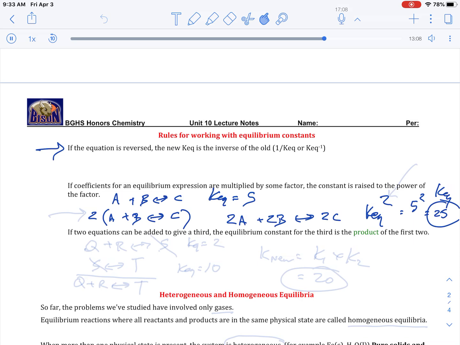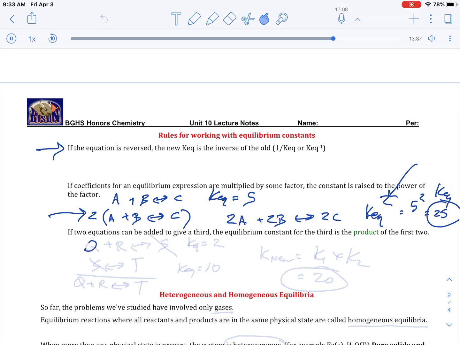So whatever factor you're multiplying an equation by, that's the factor that you raise the KEQ to. So if this was a 1/2, then you'd raise the KEQ to the 1/2 power. If I multiplied it by 3, I would take KEQ to the 3rd power, and so on. All right, so the last rule is that you can combine equilibrium reactions, and you can produce a third equilibrium constant.